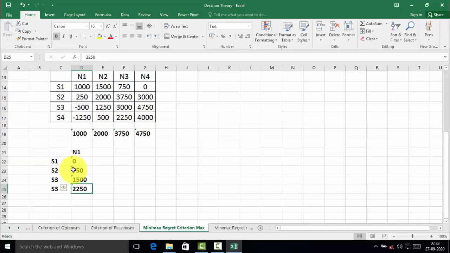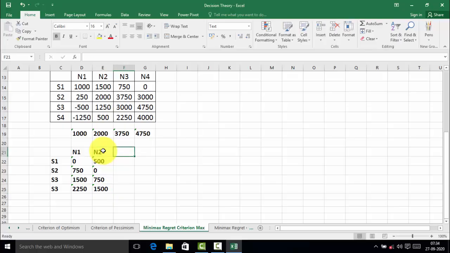Therefore this is the first column of the regret table. Now the second column, N2. The maximum payoff is 2000, therefore 2000 minus 1500 is equal to 500, 2000 minus 2000 is 0, 2000 minus 1250 is 750, and 2000 minus 500 is 1500.